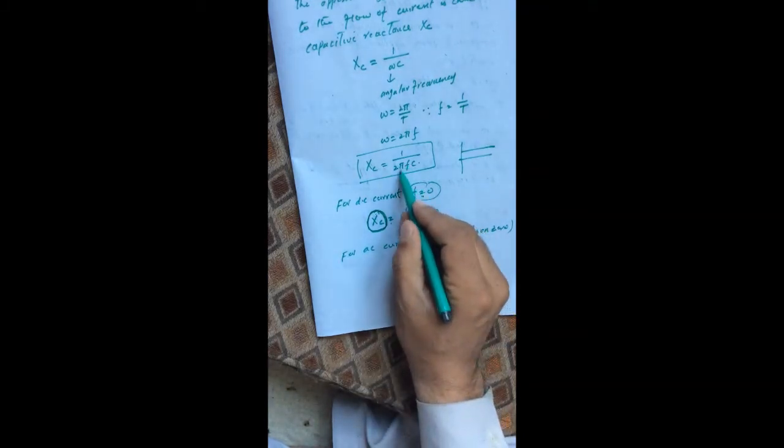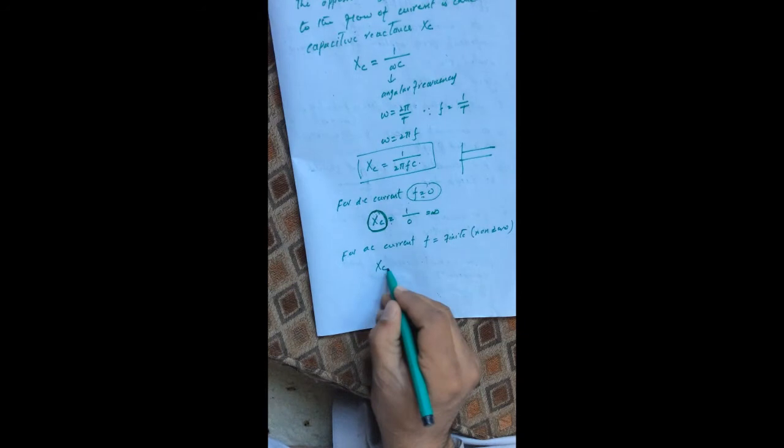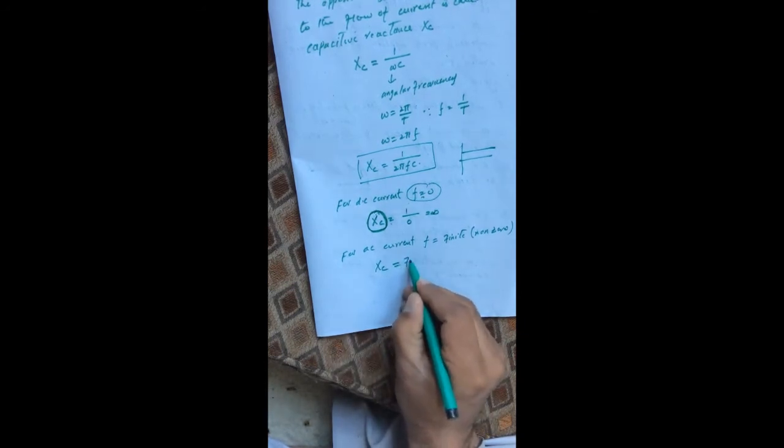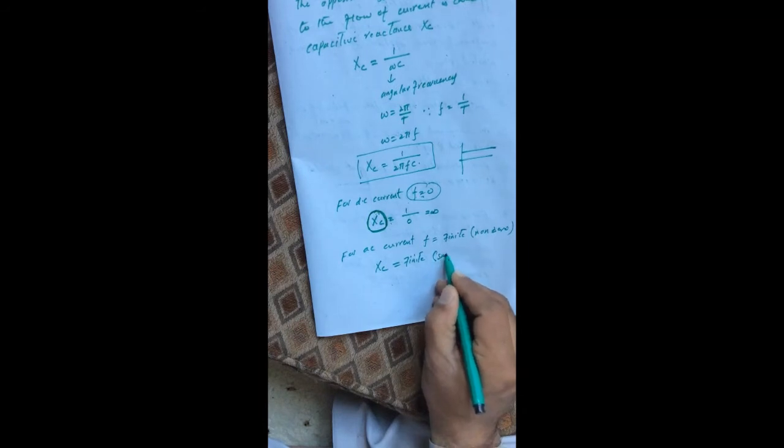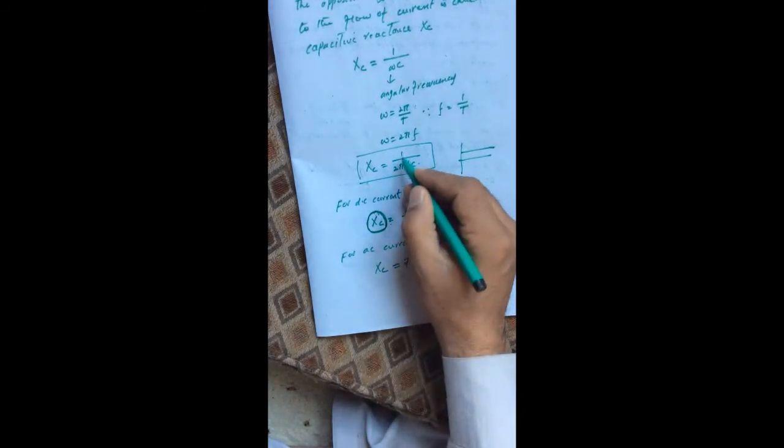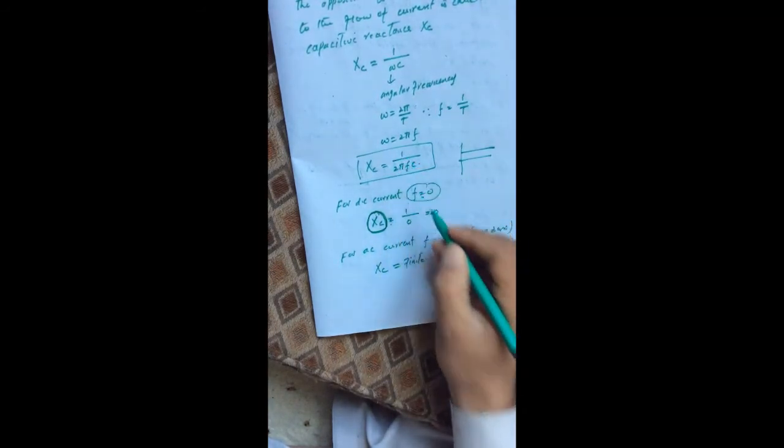If we put a finite, non-zero value here, then Xc will also be finite and small, because we have 1 over something.